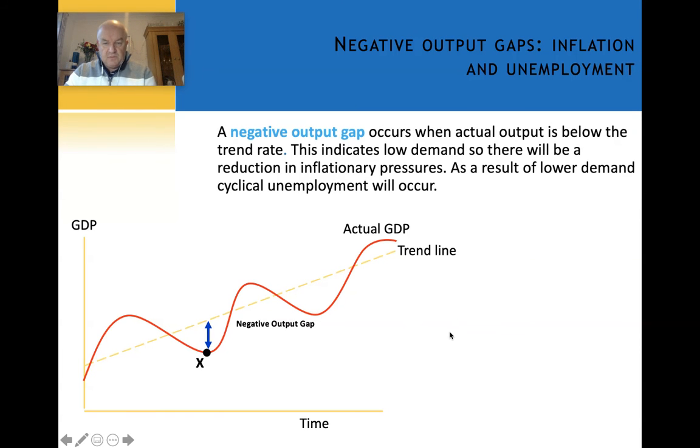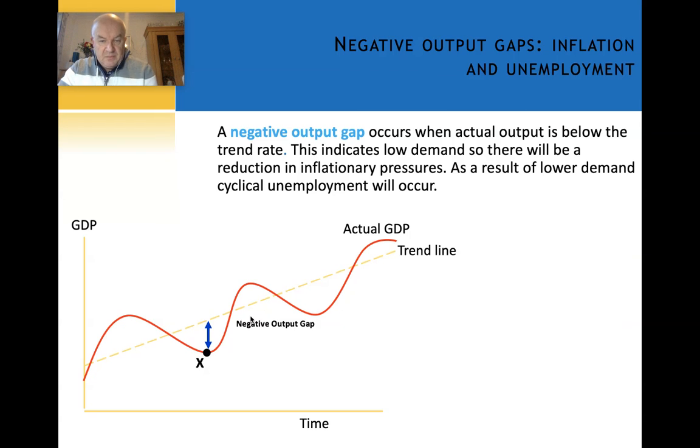Basically, a negative output gap occurs when the actual output is below the trend rate. You can see the general trend rate in this case is pretty much upwards and fairly positive. But clearly, in this instance, we've got a negative output gap. That's the point at which our actual output is below where we think it should be. We're not having to produce as much output, because maybe there isn't sufficient demand to justify that.